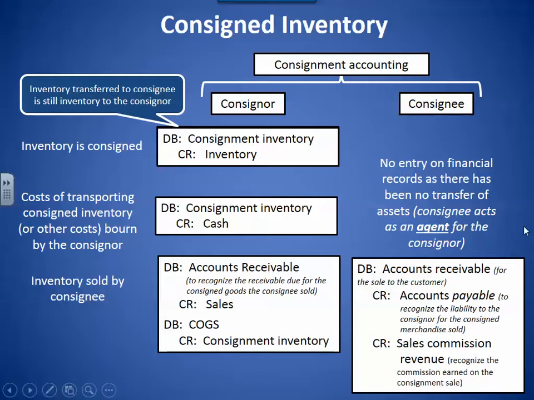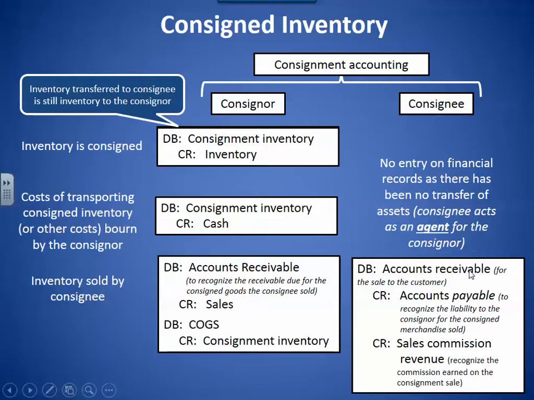Now, the consignee does make a journal entry, and this is in general the entry they'd make. They would debit accounts receivable for the sale to the customer, in other words, directly between them and the customer. Don't confuse that with the accounts receivable of the consignor, which is the consignor creating the receivable for what they're going to receive from the consignee.